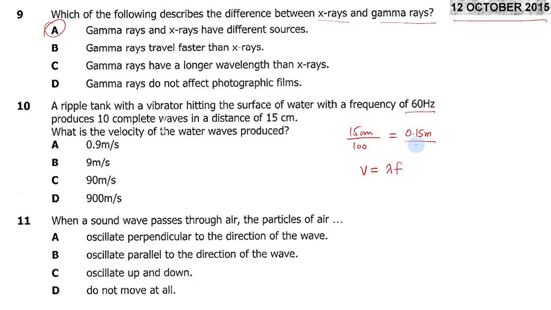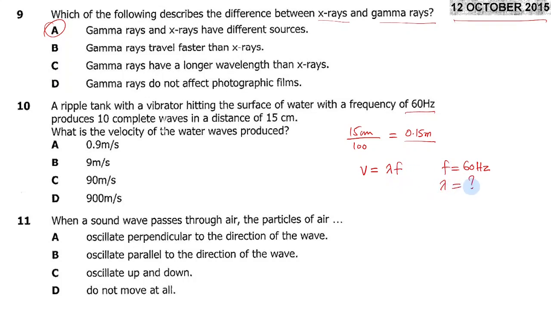So we have been told that there are 10 complete waves in this. So now we will know how much one wavelength is. Here the frequency we have been given is 60 Hz. Now we need to know what the wavelength is.